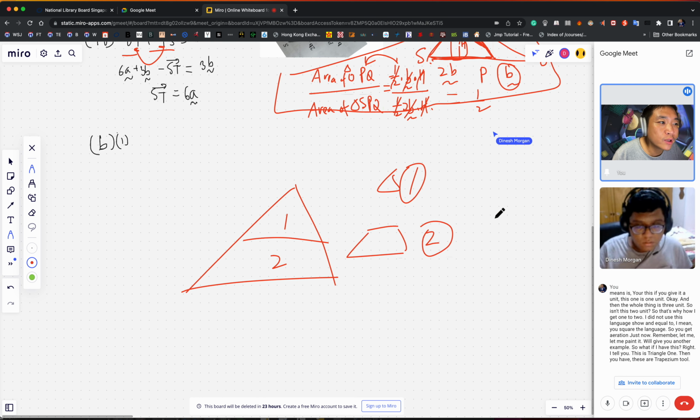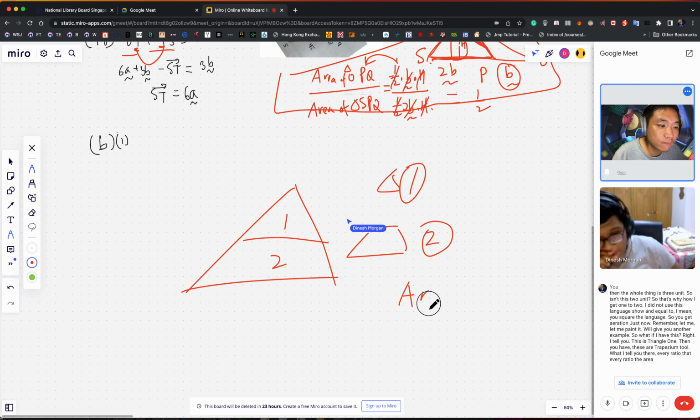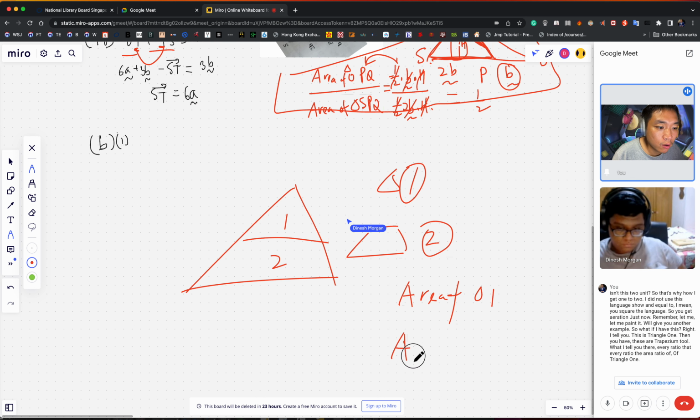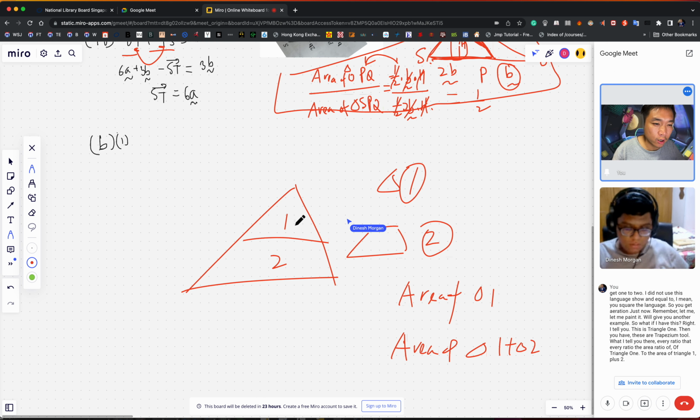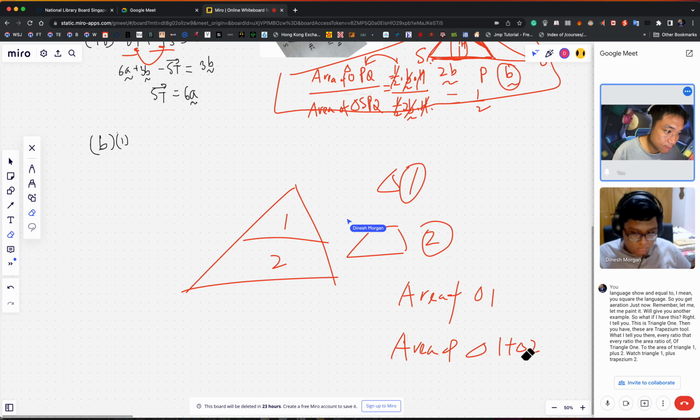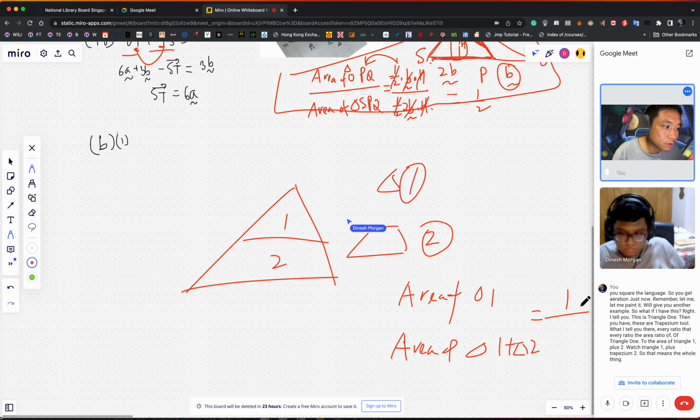I tell you their area ratio: the area of triangle 1 to the area of triangle 1 plus trapezium 2, that means the whole thing, is 1 to 5.